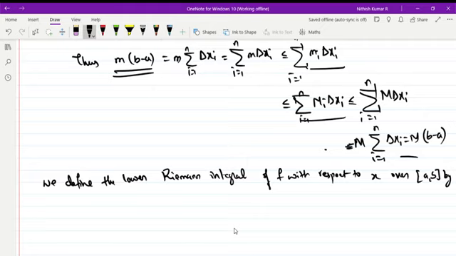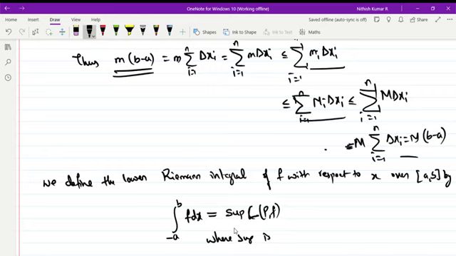We denote it by the integral from a to b with a line below. This represents the lower Riemann integral of f with respect to x, that is, f dx, which is equal to the supremum of LPF, where the supremum is taken over all partitions of the closed interval a comma b.